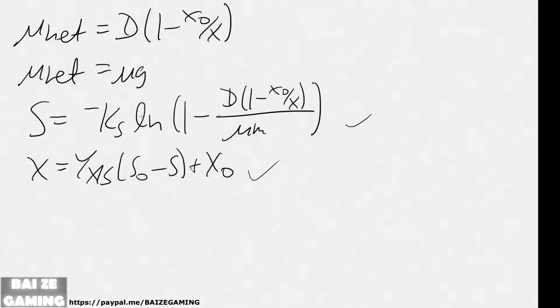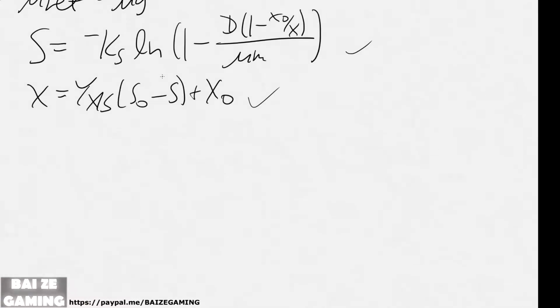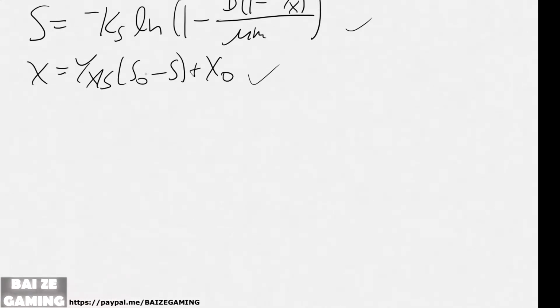Now you can also shove this back into that, and that into that. Because now that we have an inlet feed, it gets complicated. These equations are implicit. See how x is in s and s is in x. So if you're asked for some unknowns, you might have to solve the equations simultaneously. It's not a problem. You just have to work out the math. But these are the equations that should be good enough.